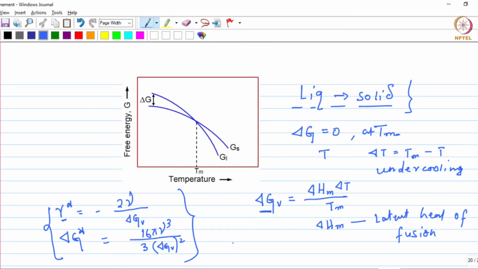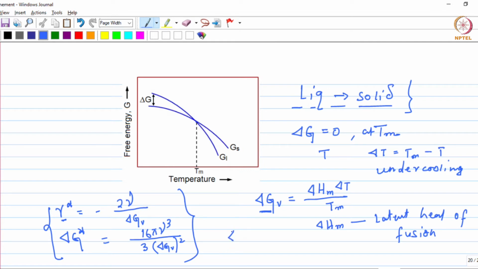So it means that as you increase the undercooling, the nucleation rate will increase because when you increase the undercooling, delta GV also increases and it becomes easier for the nuclei to form, right?